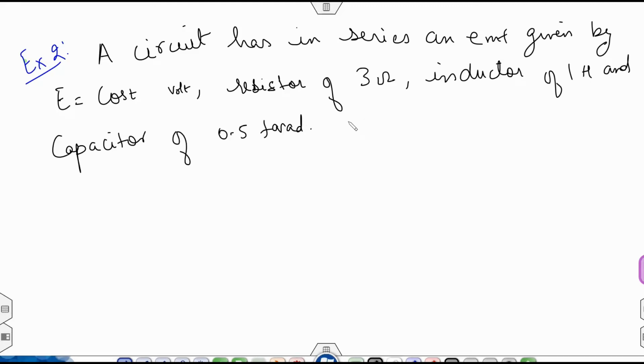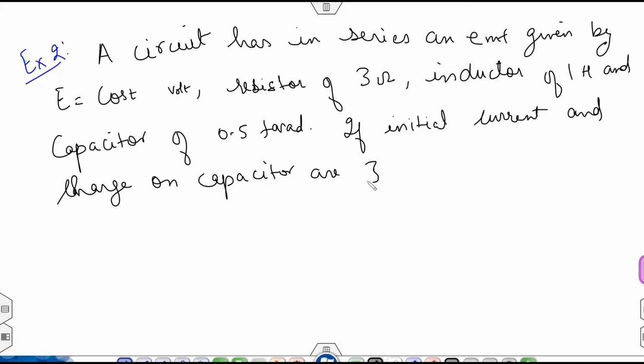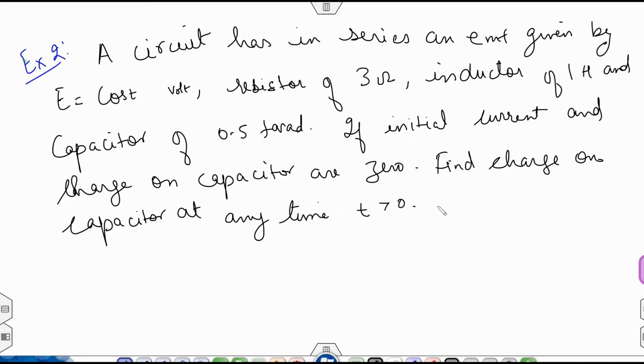If the initial current and charge on the capacitor are 0, this is our initial condition, find the charge on the capacitor at any time t greater than 0.